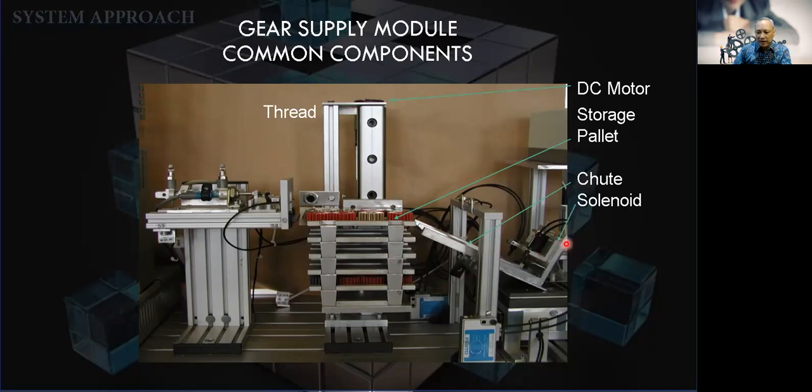The solenoid will drive the stopper. After the components go down the chute, there is the gate, which opens or closes so that the components are allowed to go through to some chamber, some collector here. Pneumatic cylinder. This is actually for being extended and then pushing something to the other side.